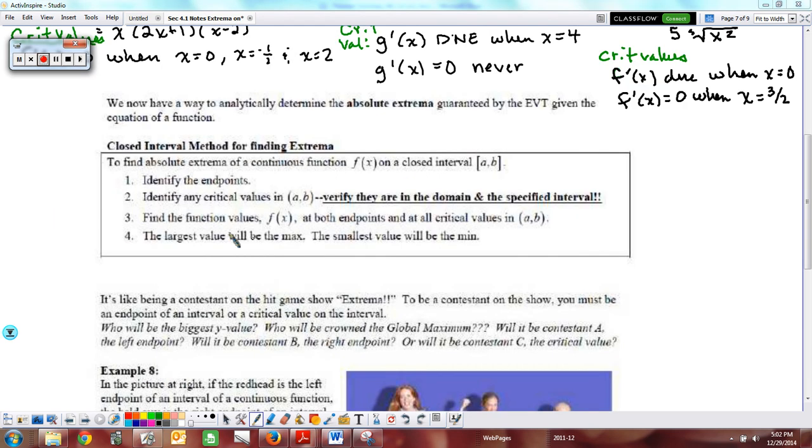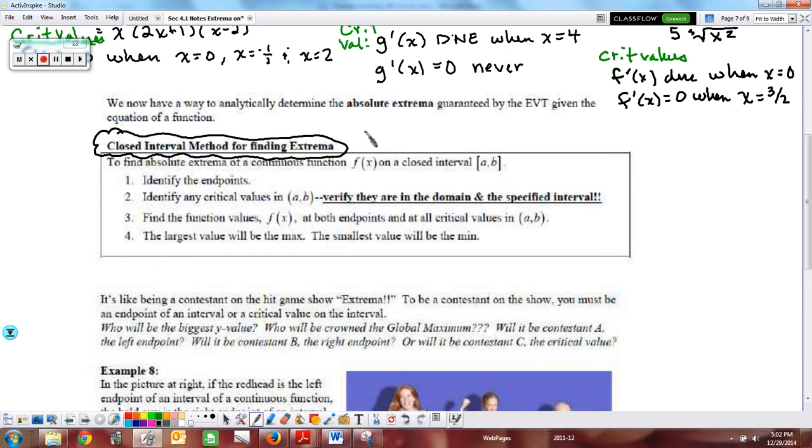Alright, so here's going to be our closed interval method for finding extrema. So this is how we're going to use EVT to find global extrema.